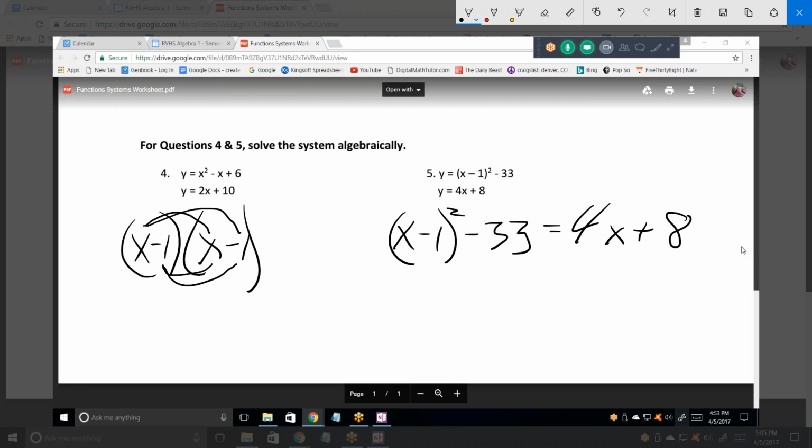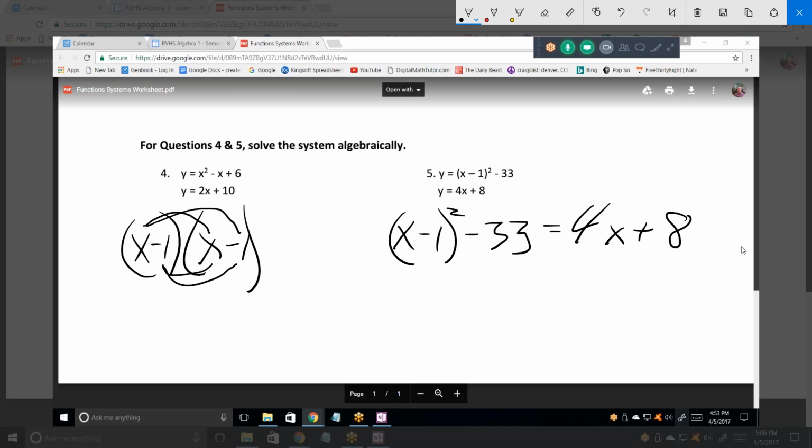Now, you might not have been actually taught FOIL. Some schools don't use that terminology anymore because it doesn't work very well when you have 2 terms times 3 terms. But what FOIL means is first, outside, inside, last, which is what each of those arrows that I drew are.